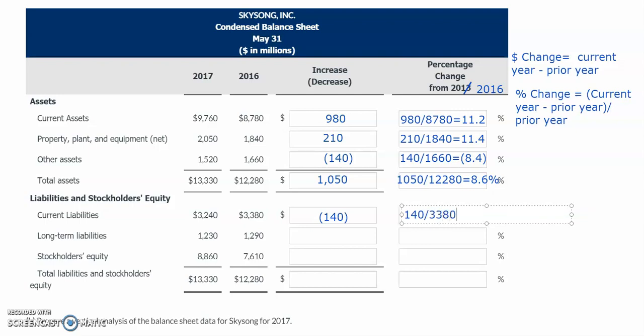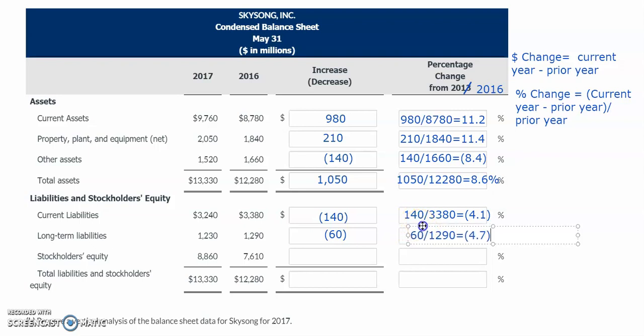So for our horizontal analysis, your prior year amount is your base. But we notice that our long-term liabilities also decreased. So we know that the increase in assets is not necessarily due to borrowings. And this horizontal analysis gives us some insight as to what's going on in the business.